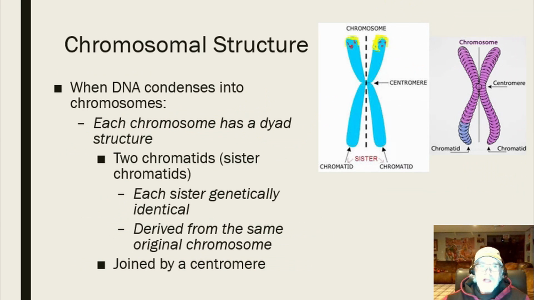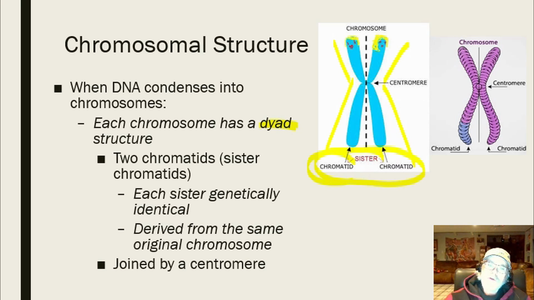Again, only during a certain portion of mitosis does the DNA actually condense into what we call a dyad structure, which means it's two sides. Each of those is called a sister chromatid. I have a sister chromatid here and a sister chromatid here, and basically they're genetically identical.